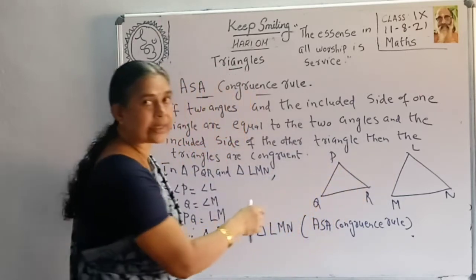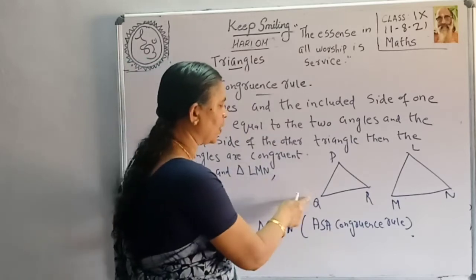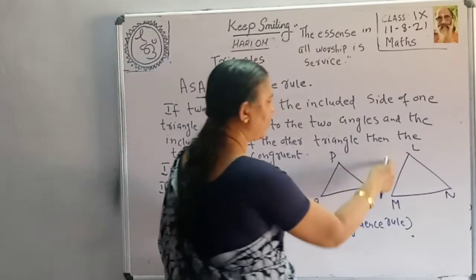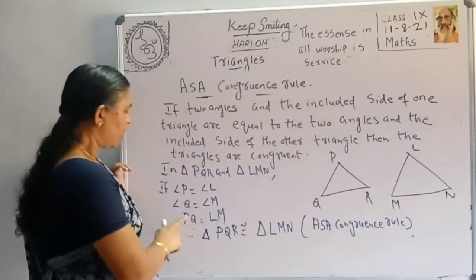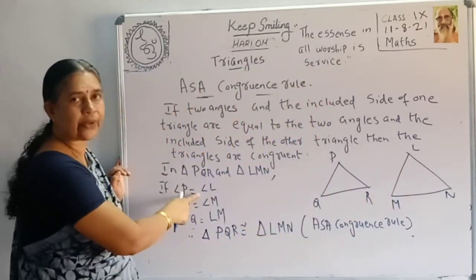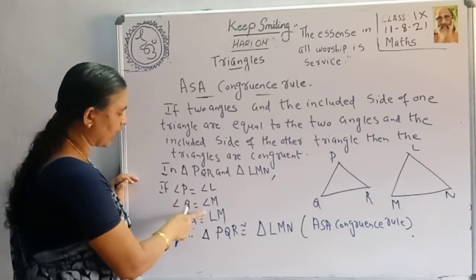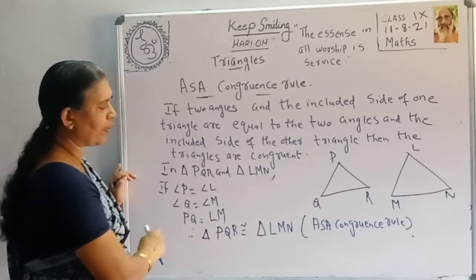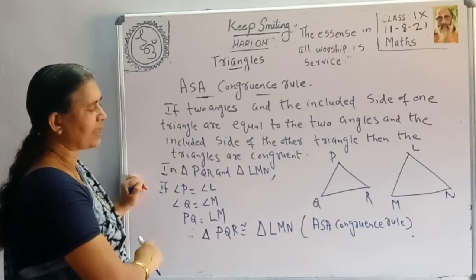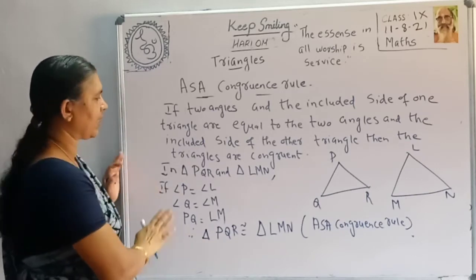PQ is the included side of angle P and angle Q, and LM is the included side of angle L and angle M. Therefore triangle PQR is congruent to triangle LMN. That is by ASA congruence rule.